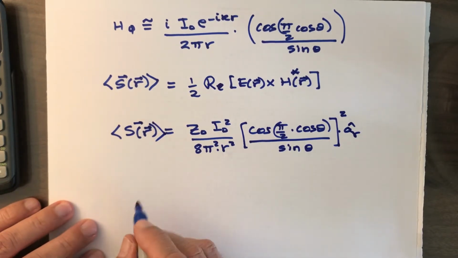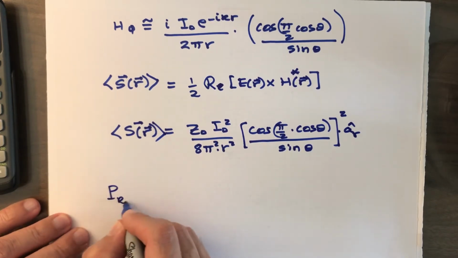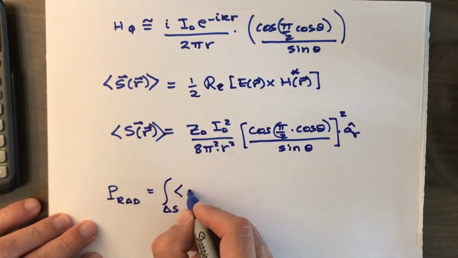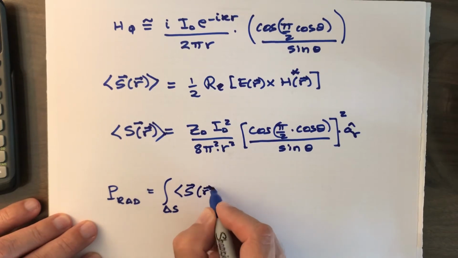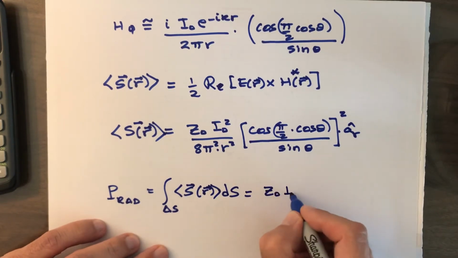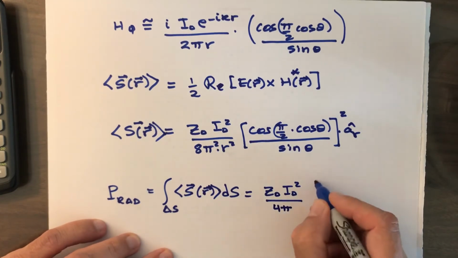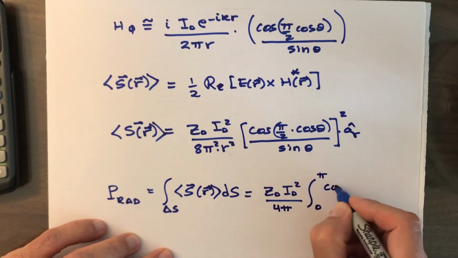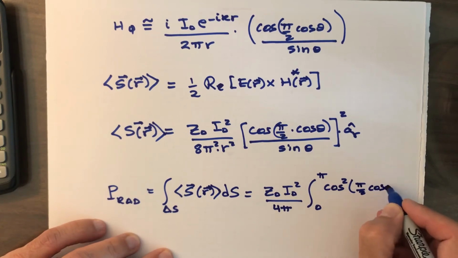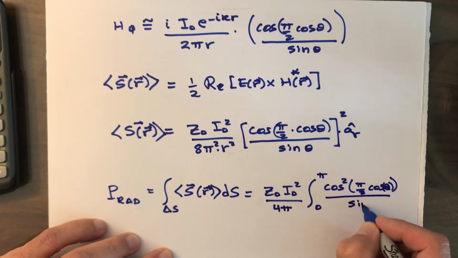So it follows then that if we integrate that over a surface, we get the complete power, the total power radiated, which is equal again to the integral over that surface of the Poynting vector averaged over the entire surface, which equals Z naught I naught squared over 4 pi times the integral from 0 to pi of cosine squared of (pi over 2 cosine theta) divided by the sine of theta, d theta.